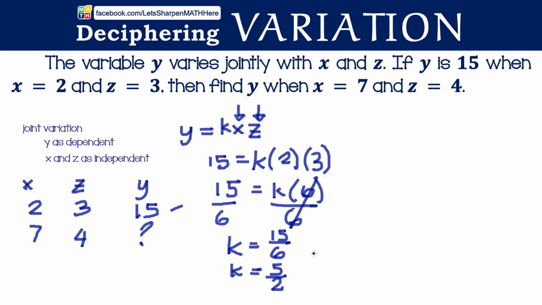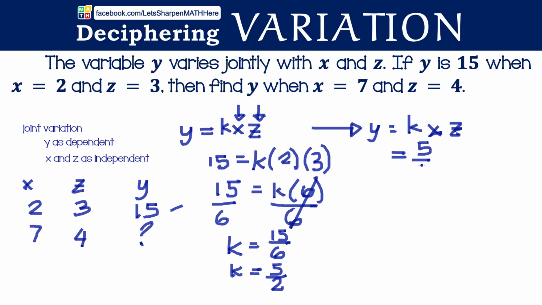This is the value of k for this given situation, and that will be used to solve for the unknown using the same formula. y is equal to k, x, and then z. k is 5 halves.